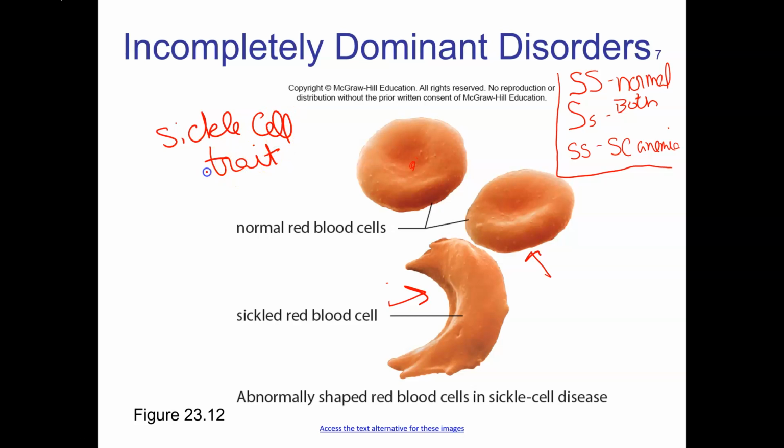And sickle cell trait can lead to things like you might be more prone to anemia. You may have some problems with blood flow, so poor circulation.